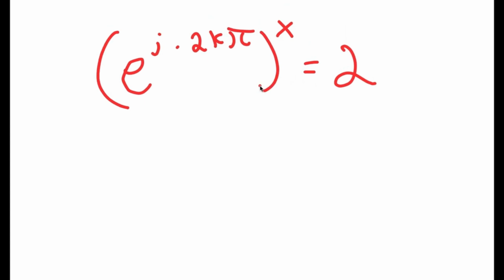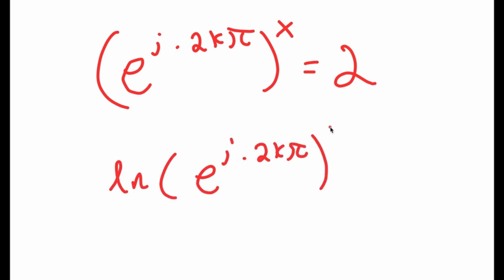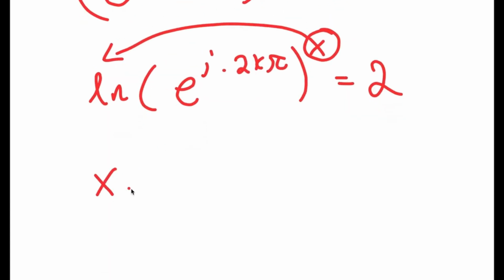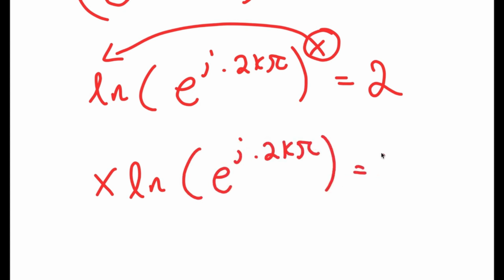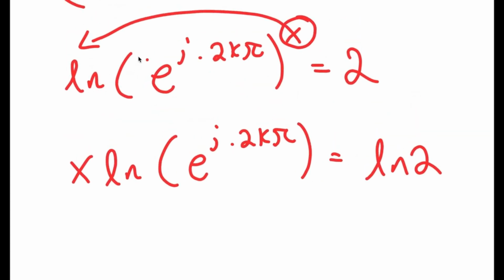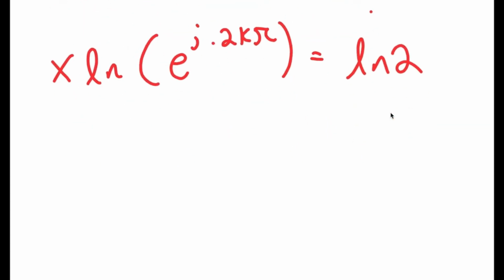And now with this, I'm going to take the ln or natural log on both sides. So I have ln of e to the power of i times 2k pi, to the power of x, is equal to ln of 2. So I'm going to now bring this x down using a property of natural logarithms. So I get x times ln e to the power of i times 2k pi is equal to ln of 2, because if you take ln on one side, you have to do the other side.